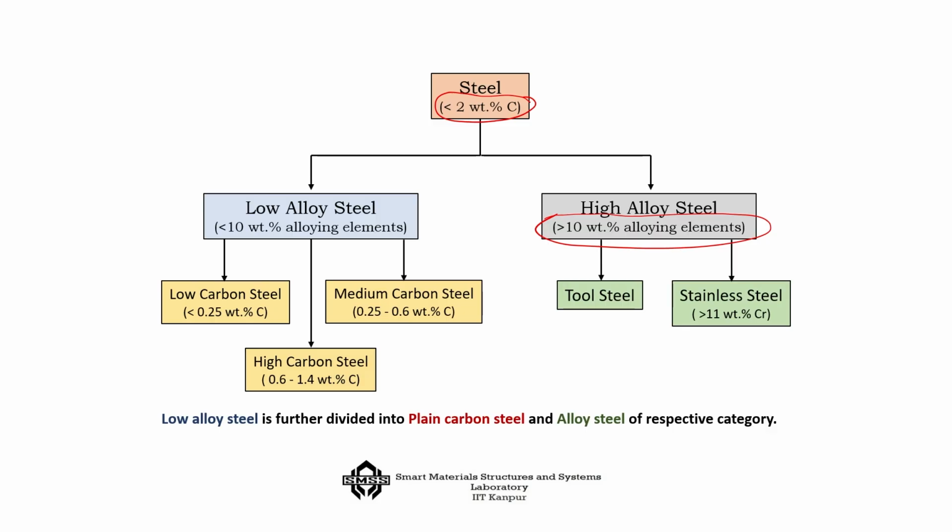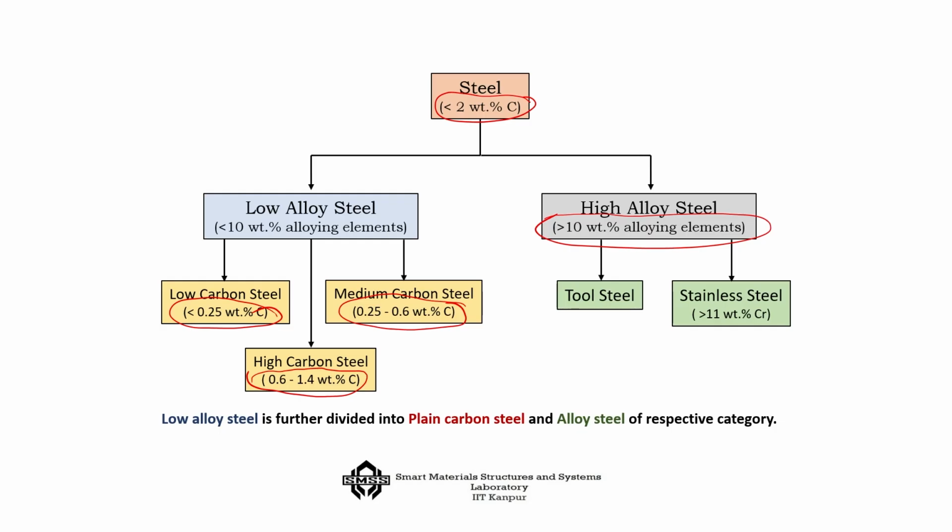For example, low carbon steel has carbon of only about 0.25%, then medium carbon steel has about 0.25 to 0.6, and then high carbon steel will have 0.6 to 1.4, but they will have other alloying elements, and depending on that the nature will change, and we will soon see it.